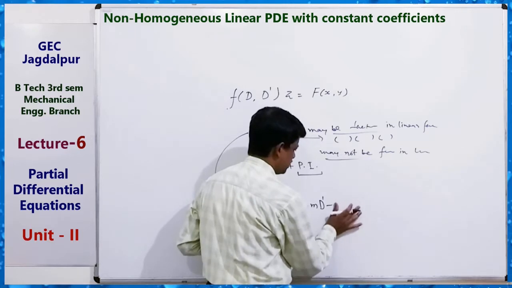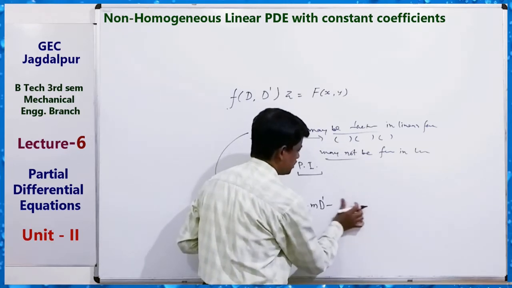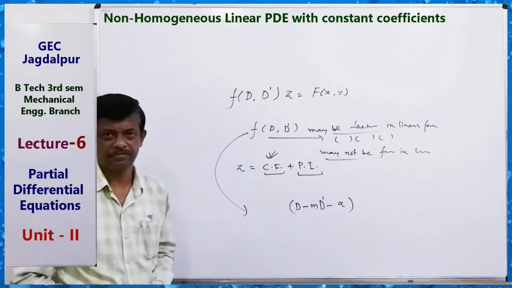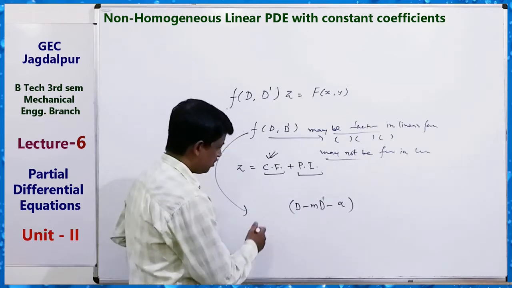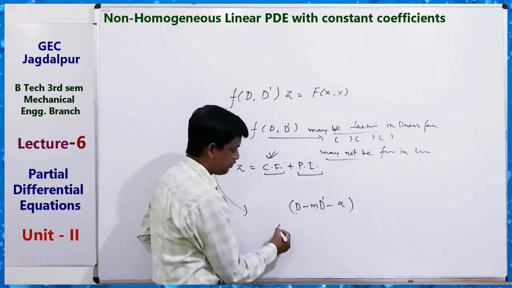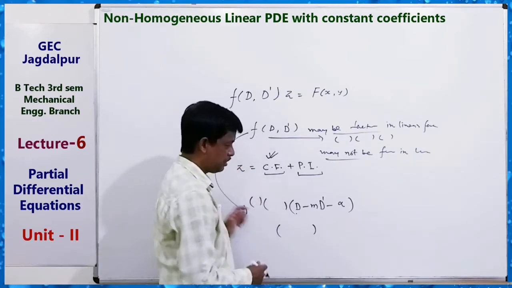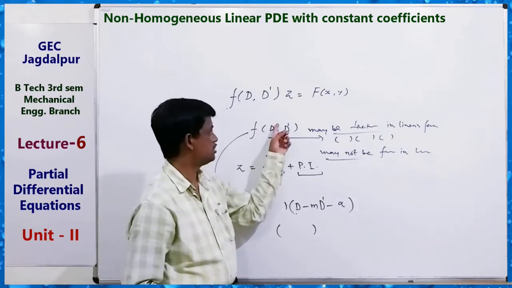We can also use a or alpha here. Suppose we are using alpha. This type of factor, and maybe other factors also, but this type of factor is also present in the factorization of this, if we can factorize.